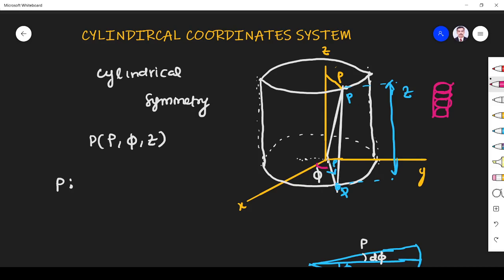That is, it is the distance between the z-axis and point P. Simply, it is the radius of the cylinder passing through point P. Since it is a radius, it can vary from 0 to infinity. That is the meaning of rho.